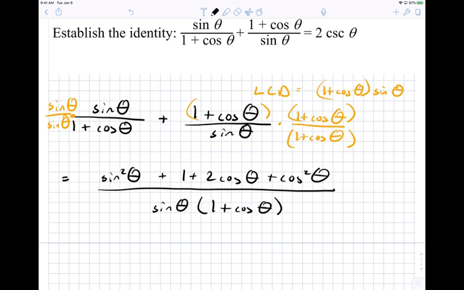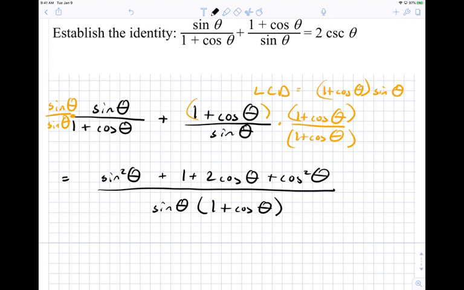So that's the numerator. We just put those two together, right? Because sine times sine was sine squared. And then if we FOIL out that second part, we should get what you see. So then, what do you see that we could possibly do next?